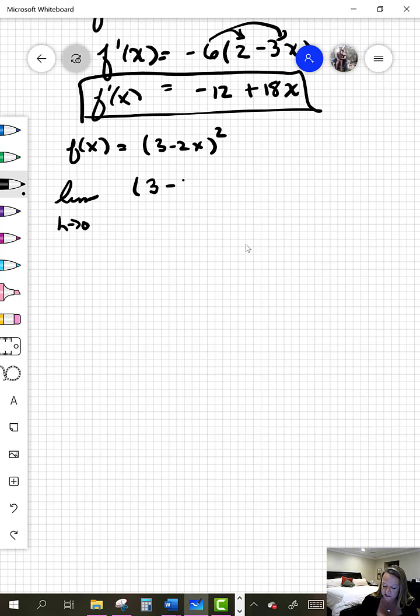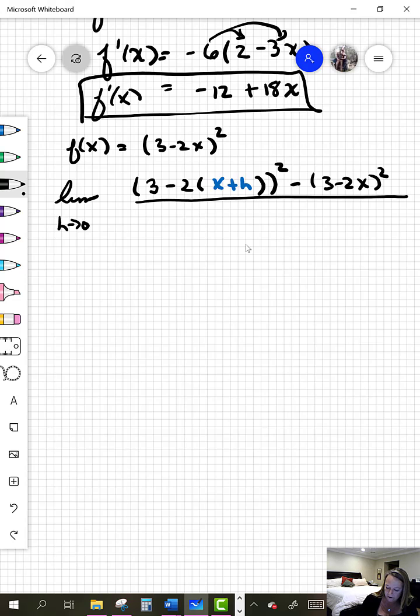So we have 3 minus 2, I see an x there, I'm going to replace that with the x plus h. And then we have this quantity squared. So that's our f of x plus h minus our f of x function, 3 minus 2x, quantity squared, all over h.